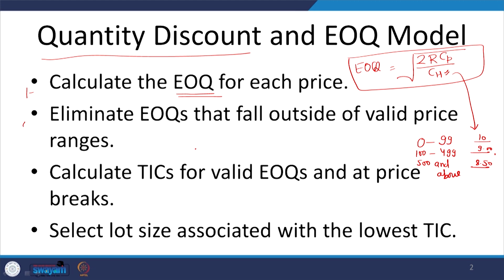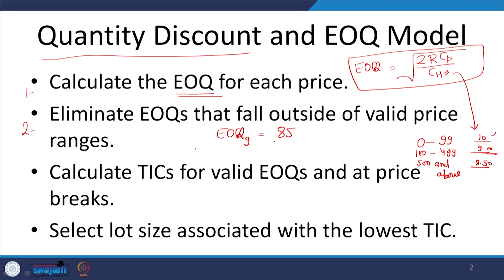The second stage is to eliminate EOQs that fall outside of valid price ranges. Now, for price 9 rupees, I am calculating EOQ. Suppose for this calculation EOQ comes to 85 units. Now, for 85 units, if your order quantity is 85, then the supplier will charge you 10 rupees.